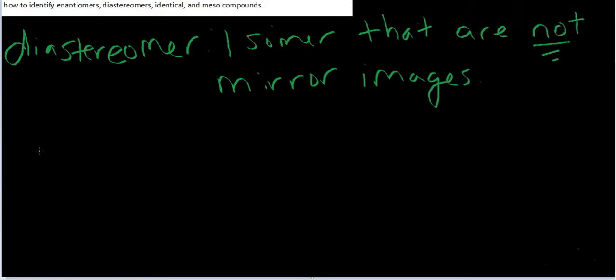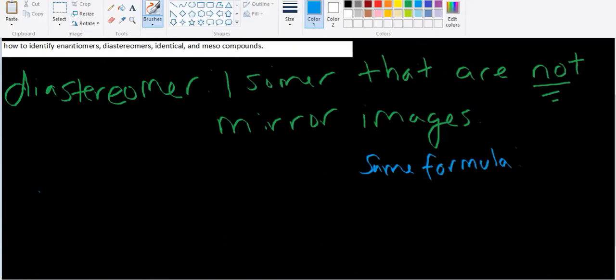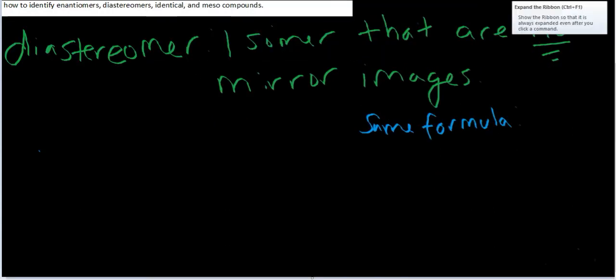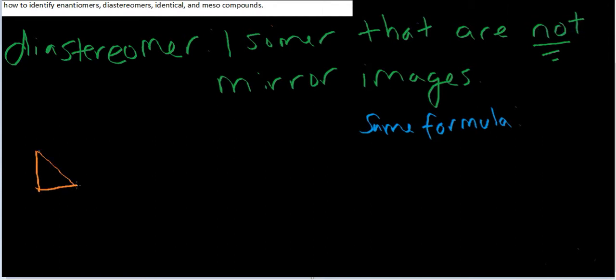Same molecular formula. I'll just put same formula. Actually, I'll have to draw the picture first, and then we can ask ourselves those questions. So here's your picture.